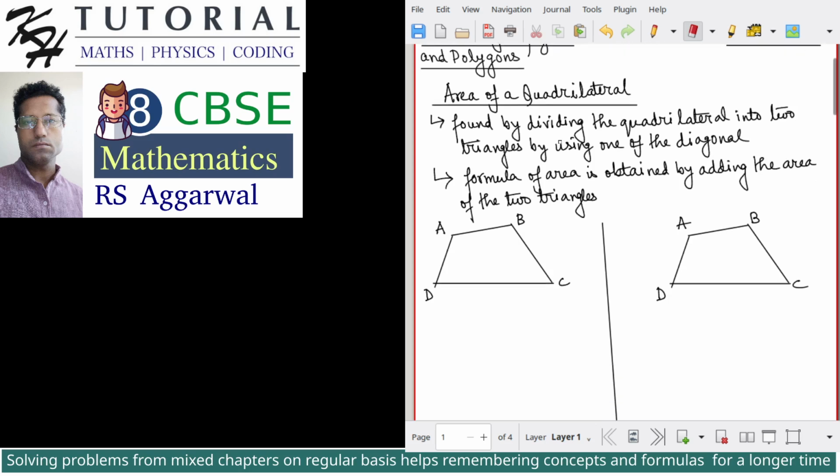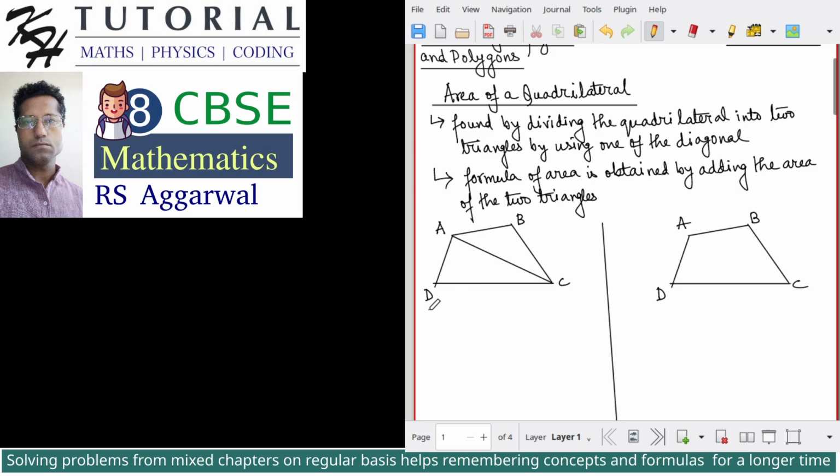So using one diagonal, we will divide the quadrilateral into 2 triangles. As you can see, I have the quadrilateral ABCD on the left hand side. Since there are 2 diagonals in a quadrilateral, using either one of them I can divide it into 2 triangles. Let's say I use the diagonal AC, so I have triangle ABC and triangle ADC.